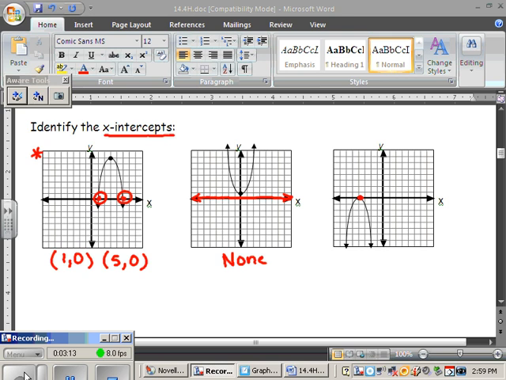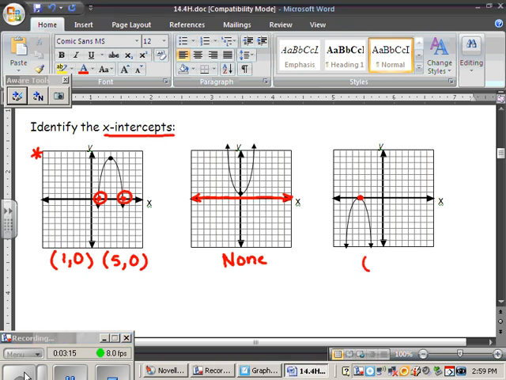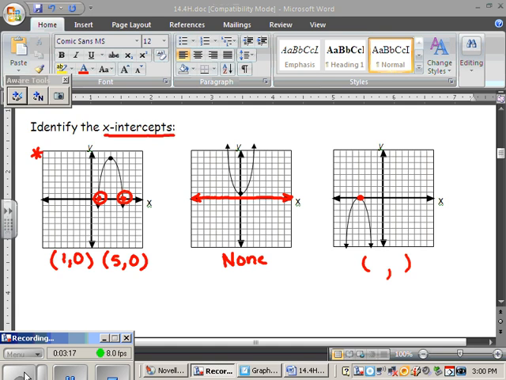In this case, there's just one x-intercept, so we're only going to write one ordered pair, which would be (-4, 0). So again, those are the three different scenarios when it comes to the x-intercepts. Now let's look at a couple other situations when you know the vertex and you know one x-intercept, how you might determine the other one.